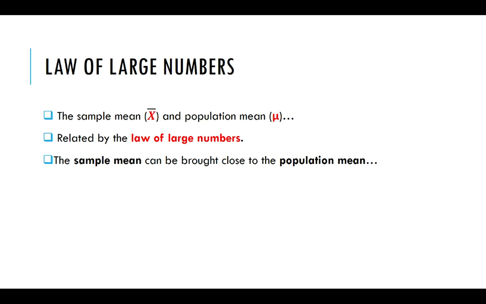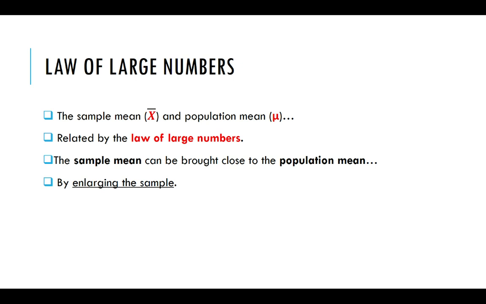In other words, I can make them more similar by enlarging the sample. So think about what that means. Remember, we want to learn from our sample about our population. So by enlarging our sample, the sample mean can be brought closer to the population mean, which is what I'm trying to learn about in the first place by taking samples, right?